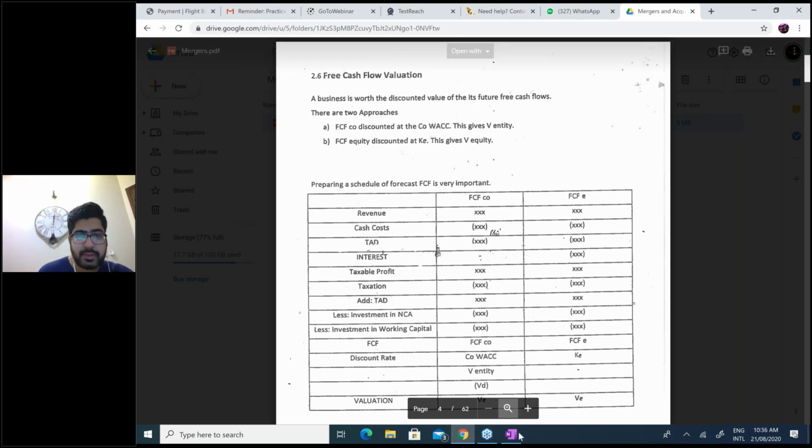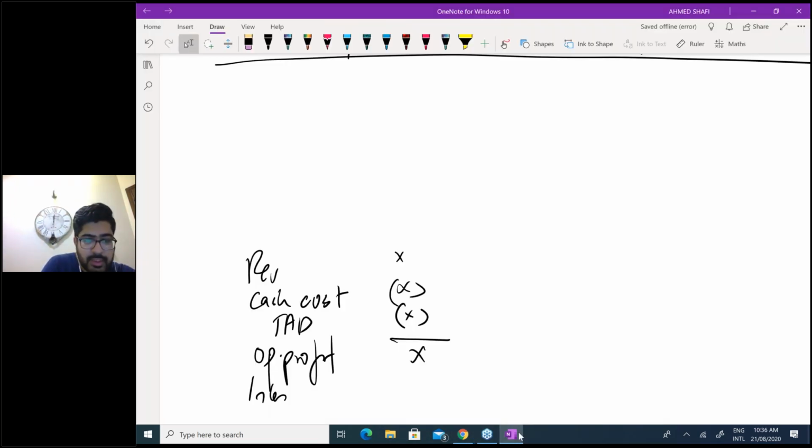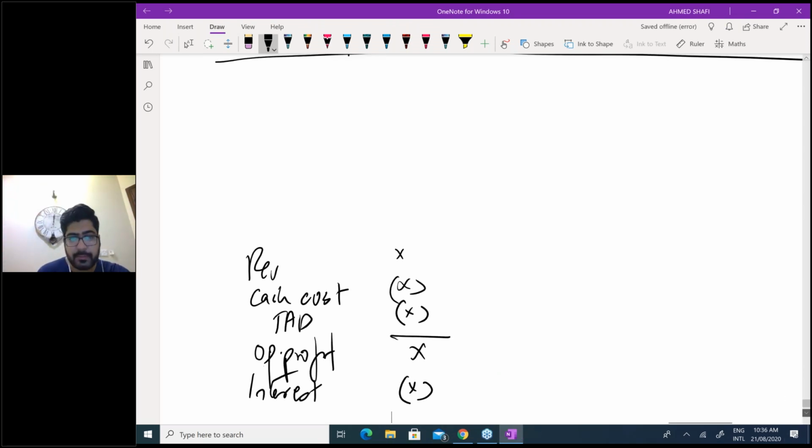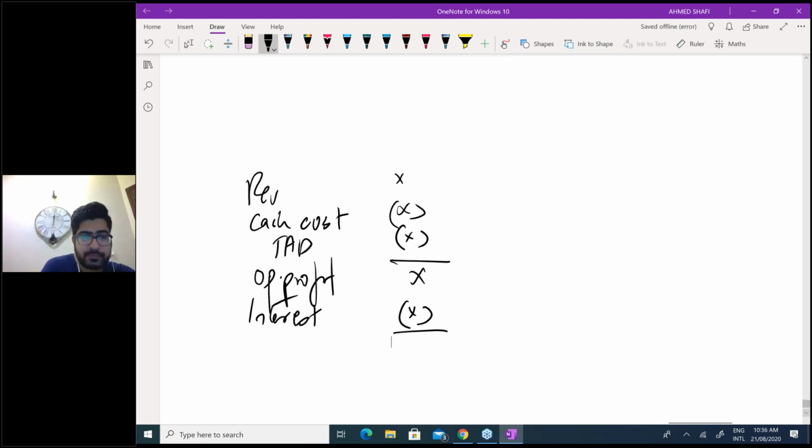From operating profit, you deduct interest. After that, you get taxable profit.